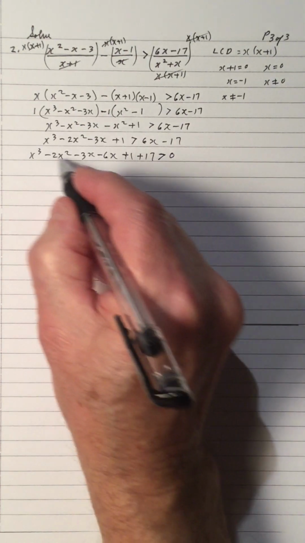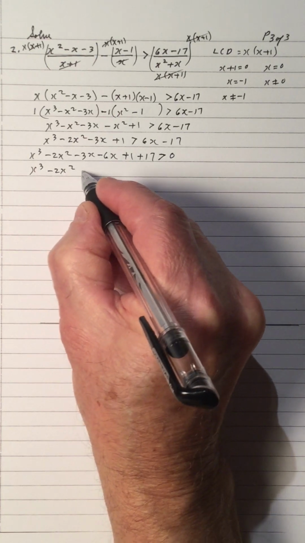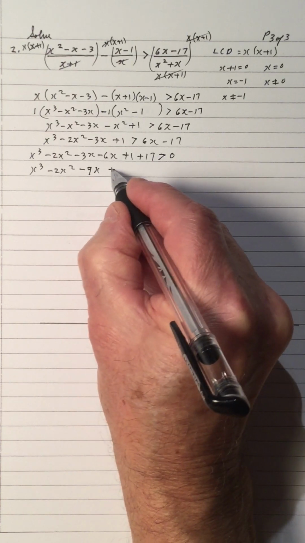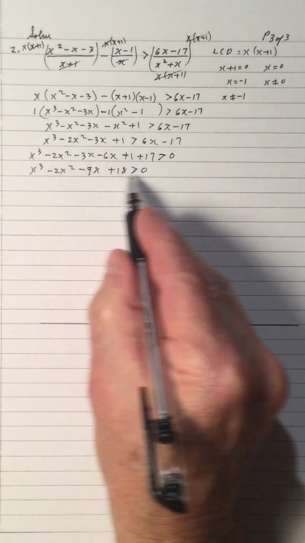Now notice I have simplified this. I have an x cubed minus 2x squared minus 9x plus 18 is greater than 0. I have them in descending order.